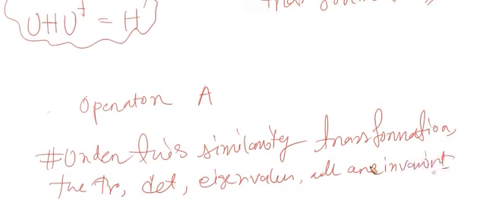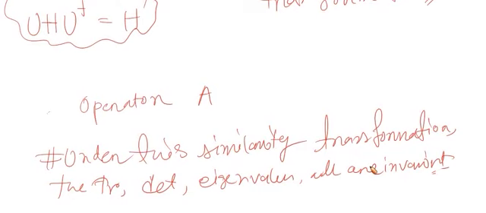And what does that mean? That means the trace, the determinant, the eigenvalues, all of them are not dependent on the basis. So that's why they are important to us in physics.